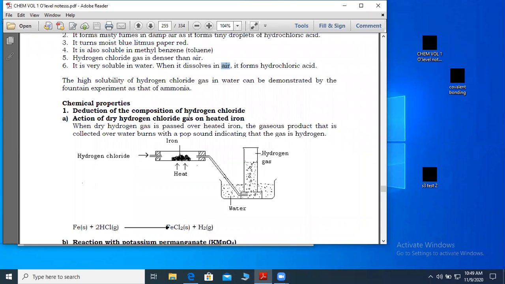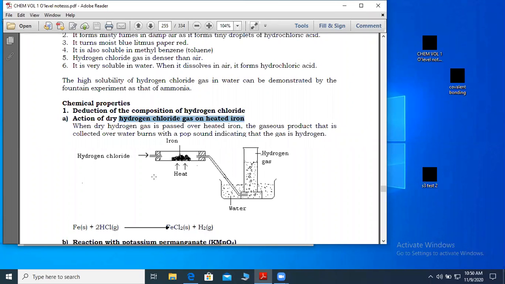There is this important reaction which we have already looked at, chemical properties. When hydrogen chloride is passed over heated iron, remember we saw it when we were looking at reactions of chlorine, the product is iron 2 chloride.